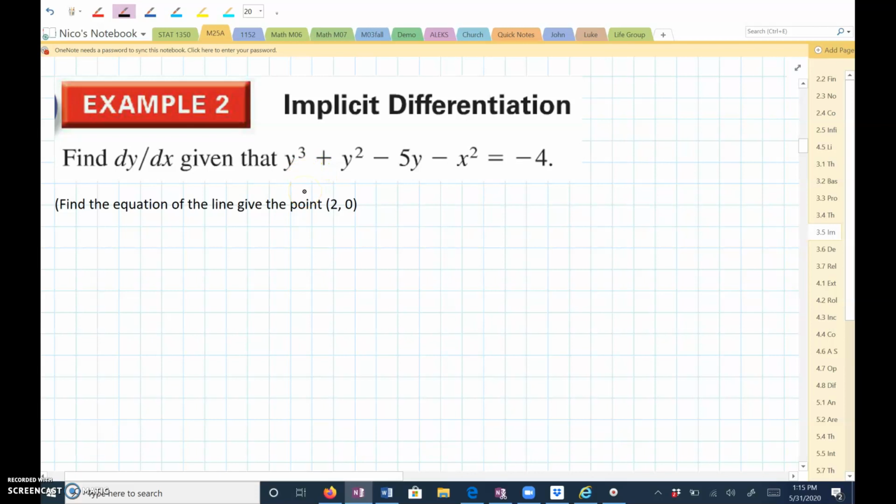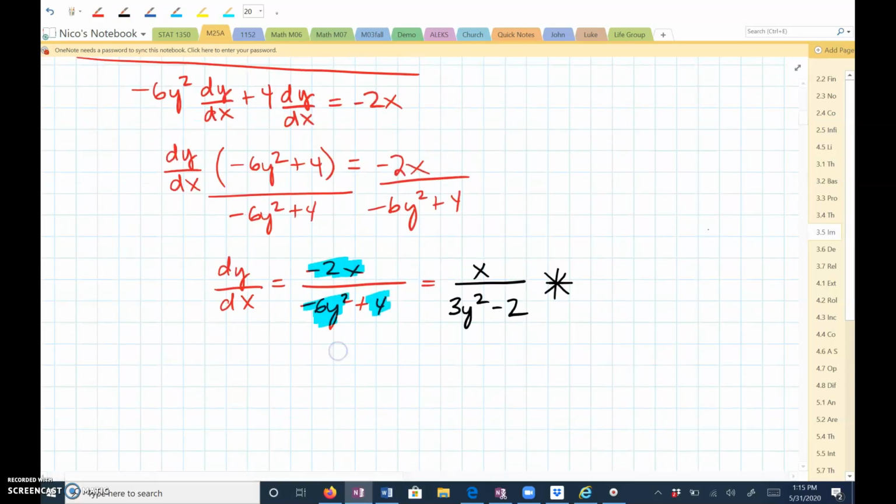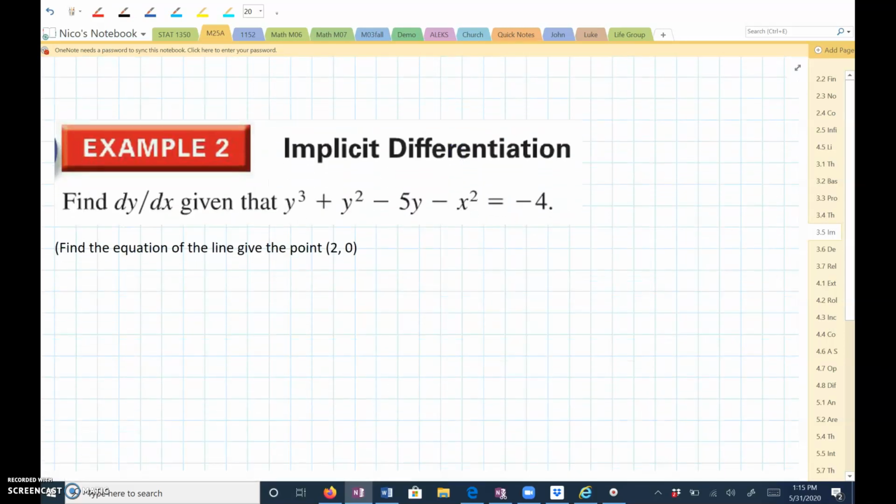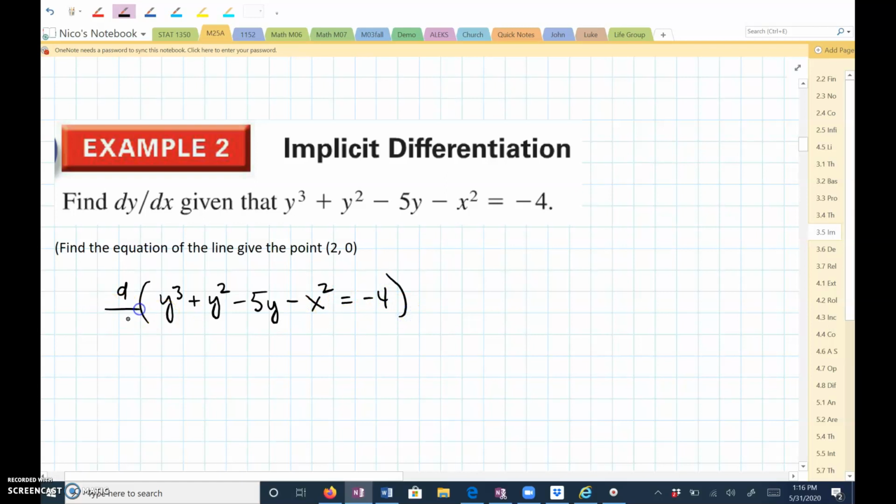So we're going to take the derivative of this whole thing with respect to x and do implicit differentiation.